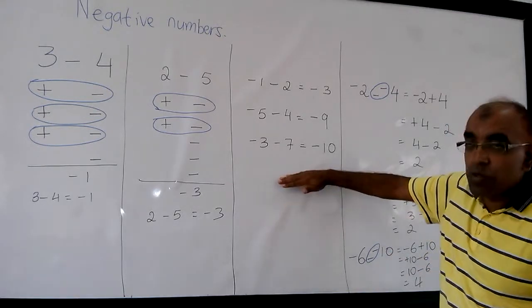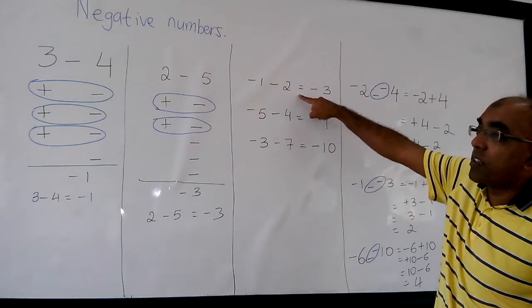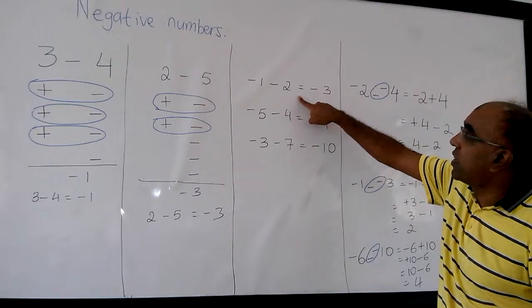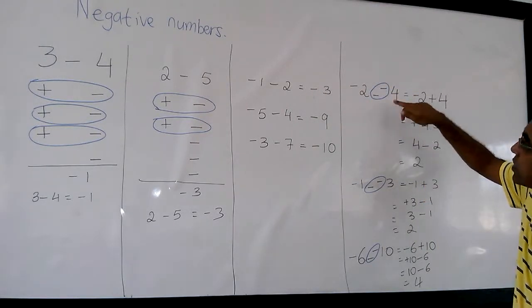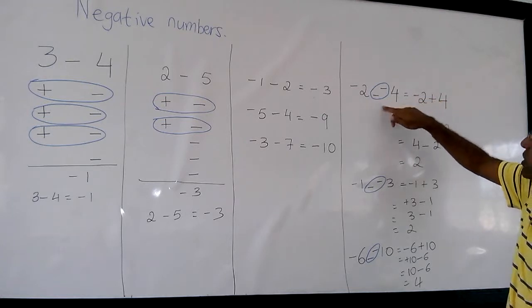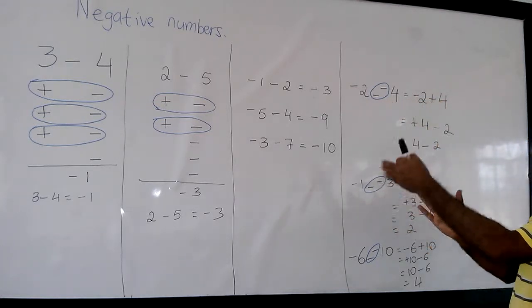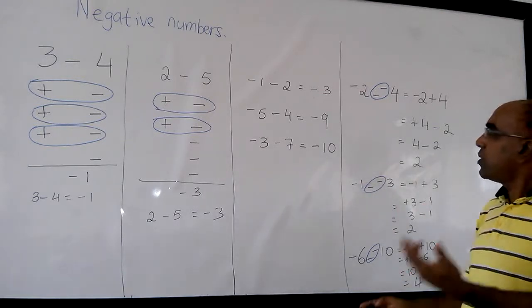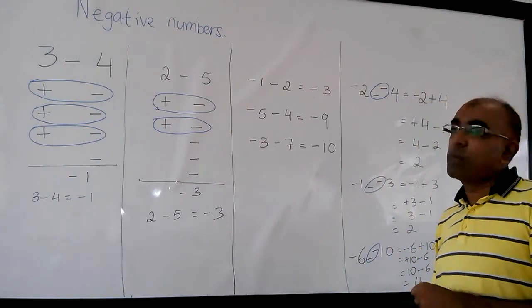This is another case where I have a negative number and then I subtract another negative number. The second case, and then the third case is -2 minus, so this minus becomes plus. So bearing in mind these different types, you should be able to calculate the sum and difference of negative numbers.